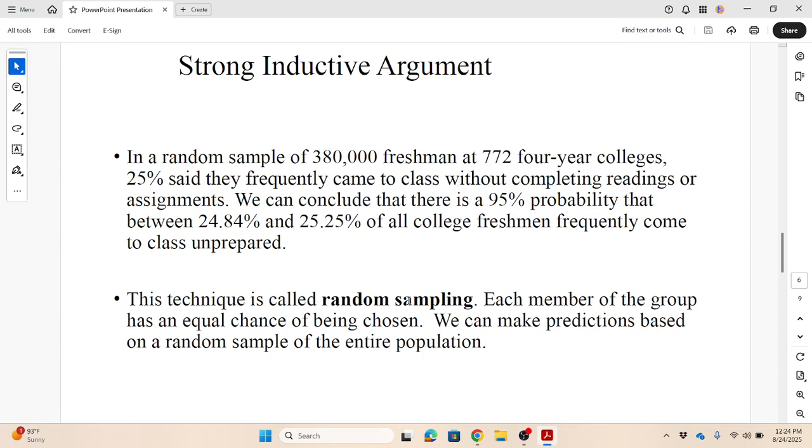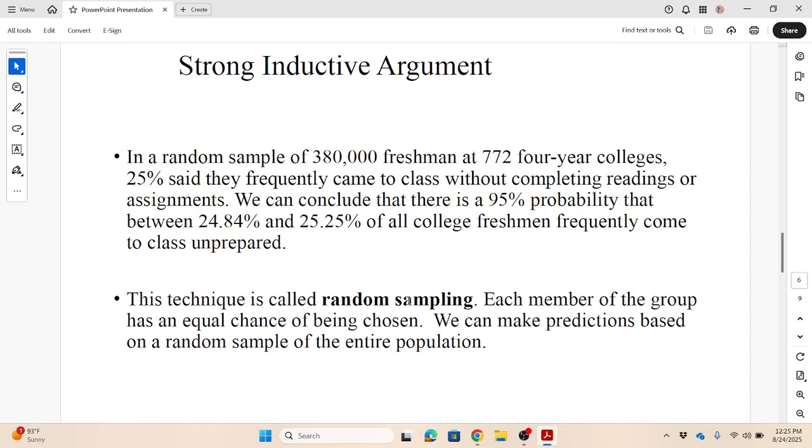So we can conclude that there is a 95% probability that between 24.84% and 25.25% of all college freshmen frequently come to class unprepared. This type of hypothesis coming from the random data is a very strong inductive argument. That's supposed to be mostly true because we have some kind of confidence level.